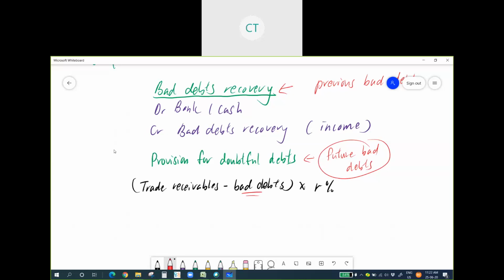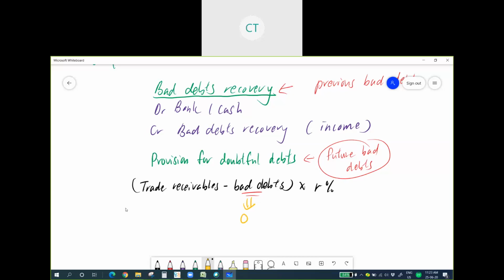It's a confirmed amount. So when we estimate the future uncollected amount, those confirmed amounts we have to remove from our calculation. So we should use trade receivables minus bad debts times the percentage. So in the question or in the exercise, if this is 0 or not mentioned, then you just put a 0. So you just use your trade receivables times the rate, and you can get the answer.